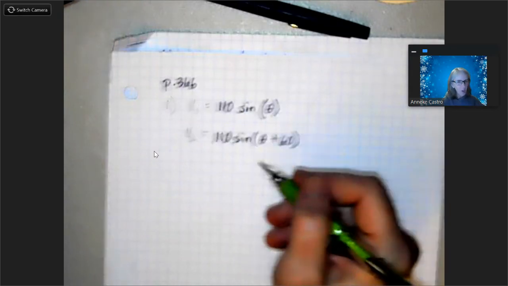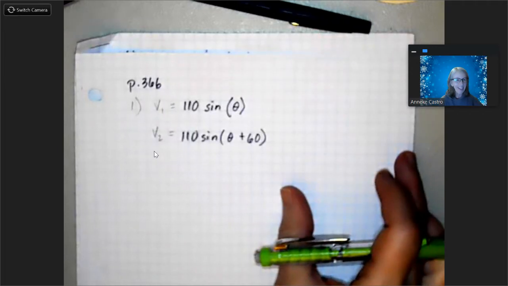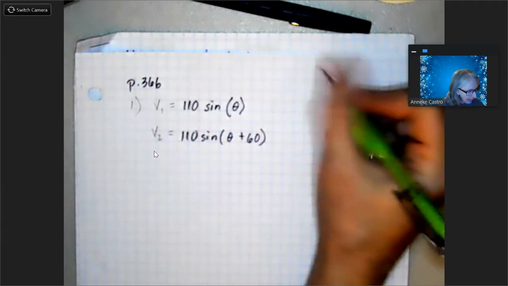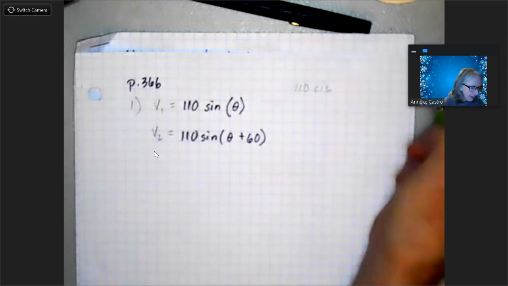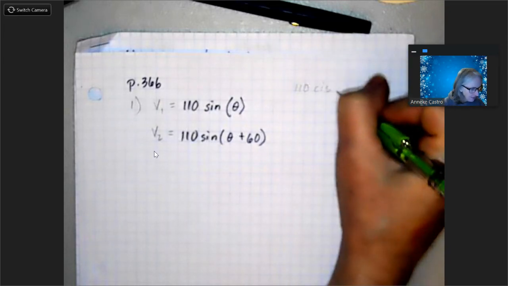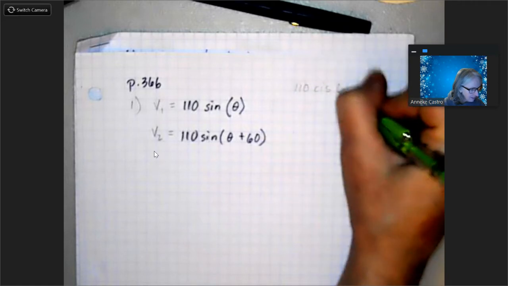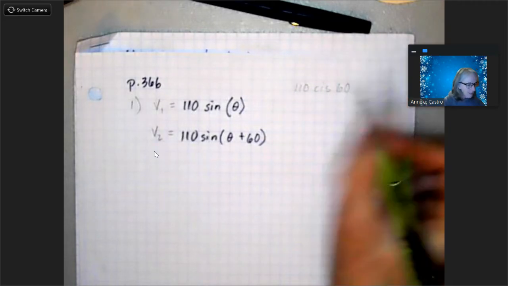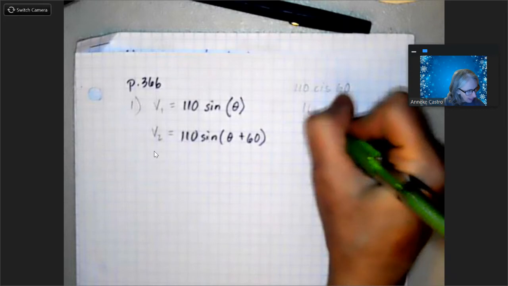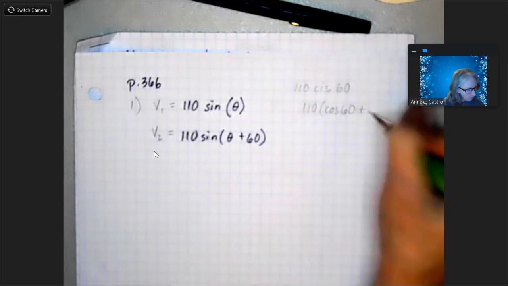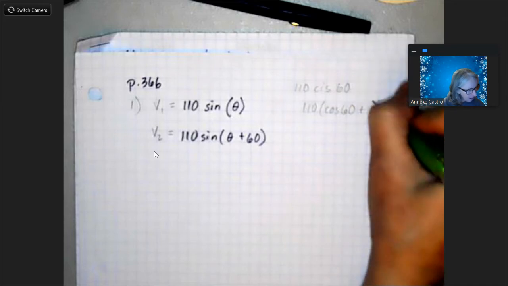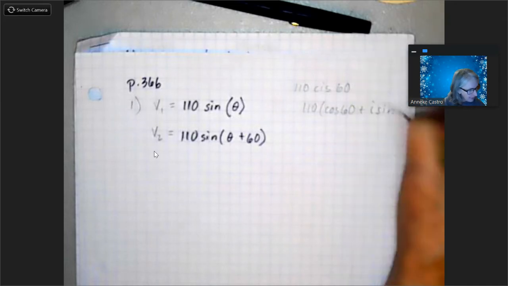So just to go over what happened in my dream, which is totally bizarre. You know, if we had like 110 cis theta, and let's say theta in this case is going to be the 60 degrees, okay? The cis, remember that stands for cosine of theta, whatever this angle is, plus i times the sine of this angle.